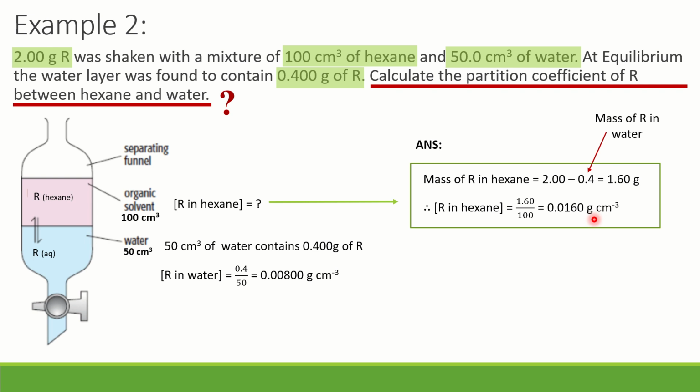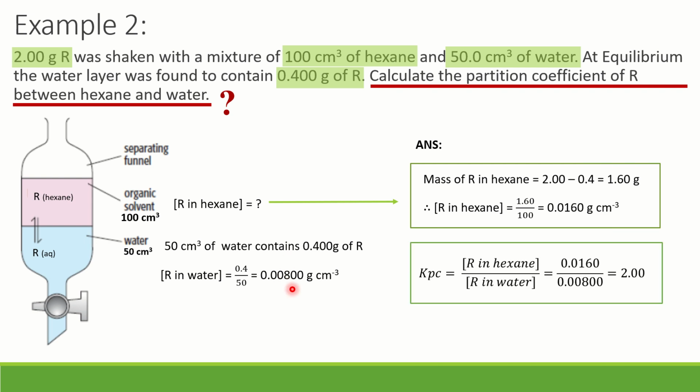And you do realize here the unit of the concentration is the same: gram per cm cube, and this here also gram per cm cube. Next one is to find the KPC. So it's the concentration of R in hexane divided by the concentration of R in water. How do I know hexane is on top? Because from the question, it's given that hexane comes first and then water.